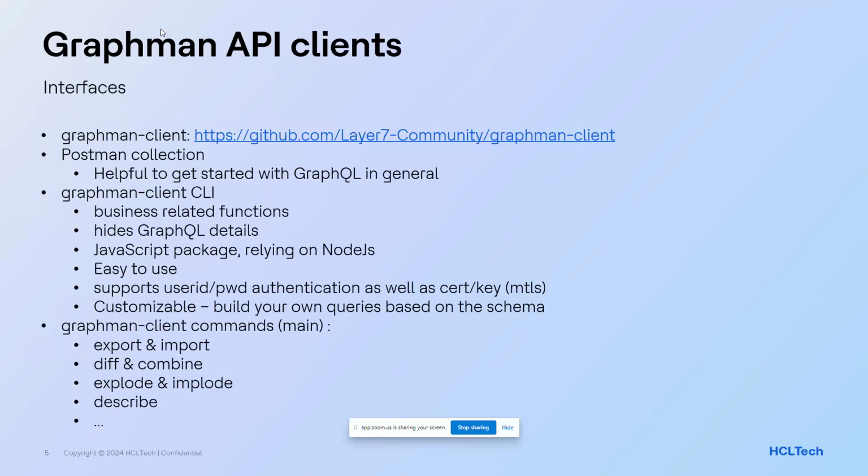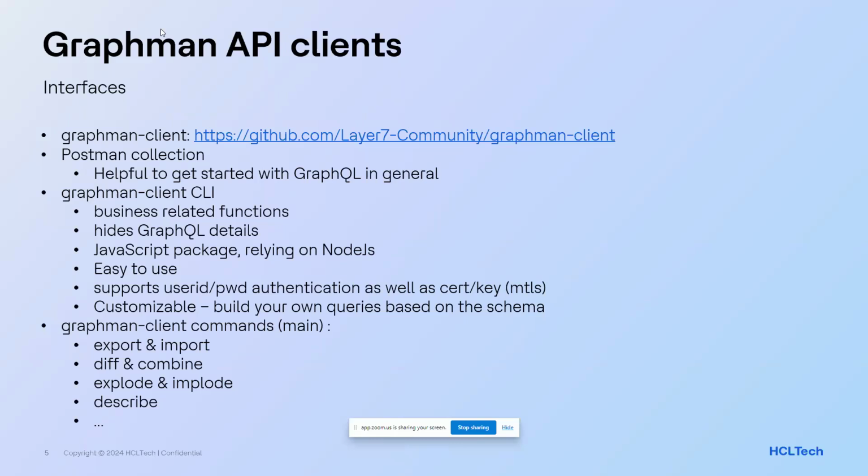It supports a great, generic, flexible way in accessing the gateways and reading data, and at the end also changing data. It supports two kind of different authentication types, user ID and password, as well as client certificate-based MTLS connections. And even more, it is customizable.